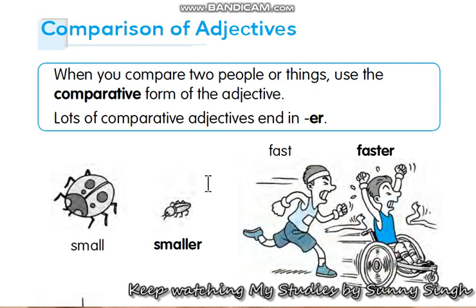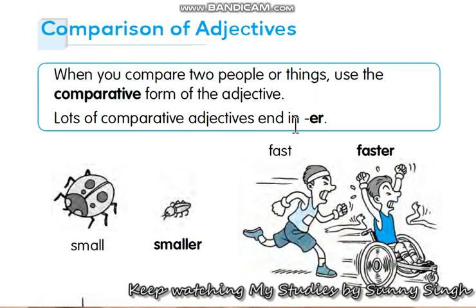Comparison of adjectives is the part of study in which we will study adjectives and its three forms: positive, comparative and superlative degree. When you compare two people or things, use the comparative form of adjectives.